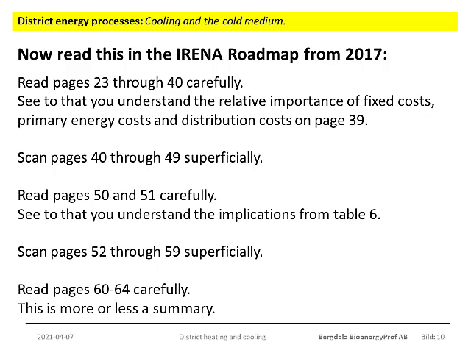But on page 50 starts chapter 4, and that should be studied carefully. It's only 2 pages. Just scan the first part of chapter 5, but read section 5.2 and the conclusions in chapter 6, pages 60 through 64 carefully.